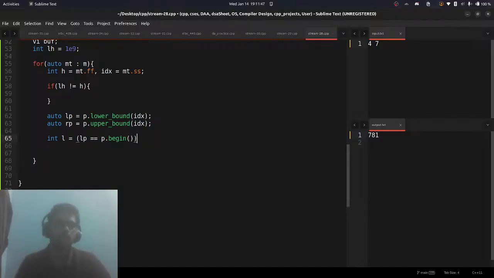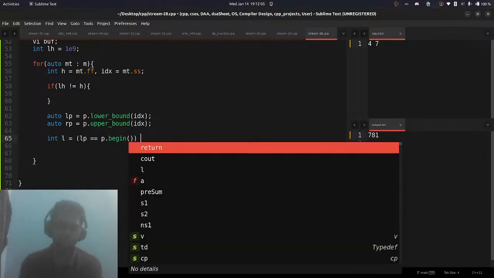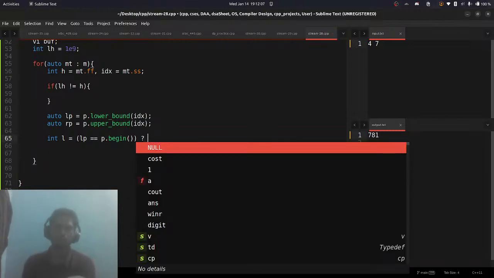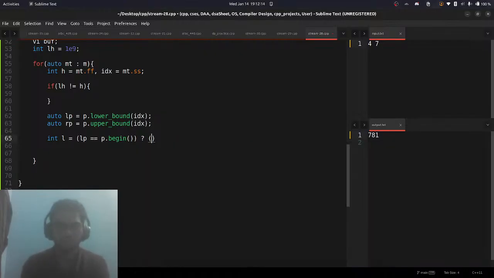Okay, then I'll check if all the index are greater, then that means there is nothing in the, okay, we are in the left, there is nothing. Otherwise it is basically this.